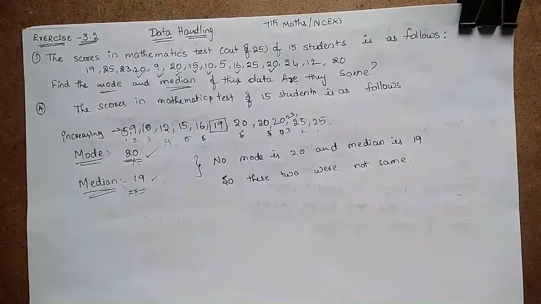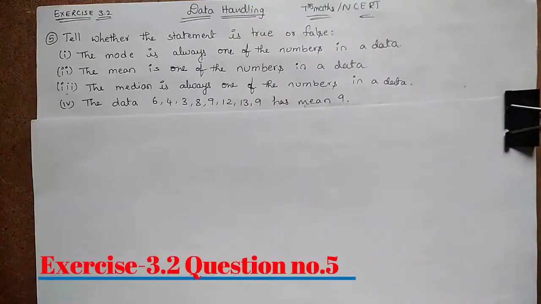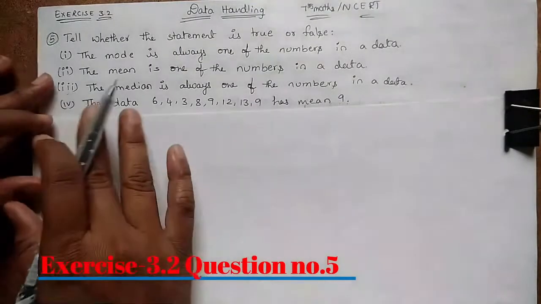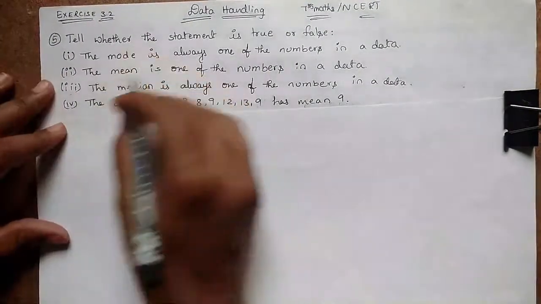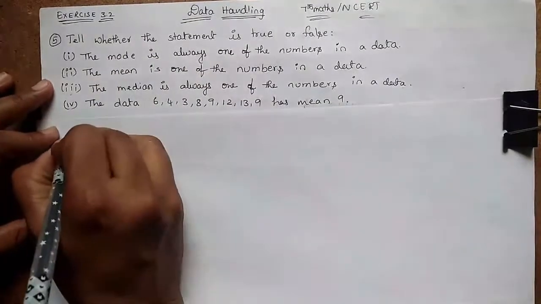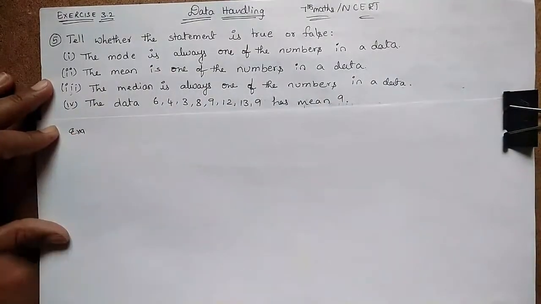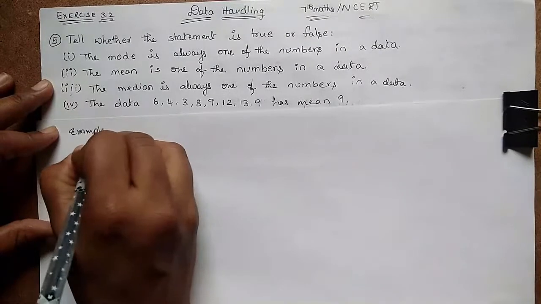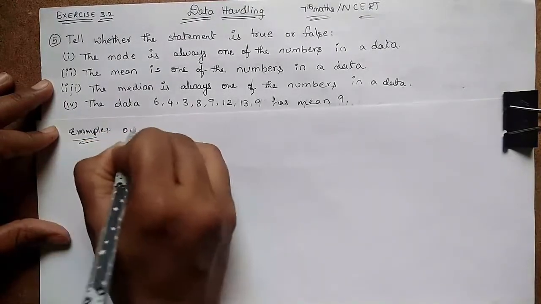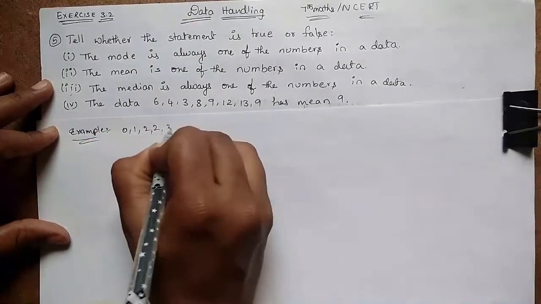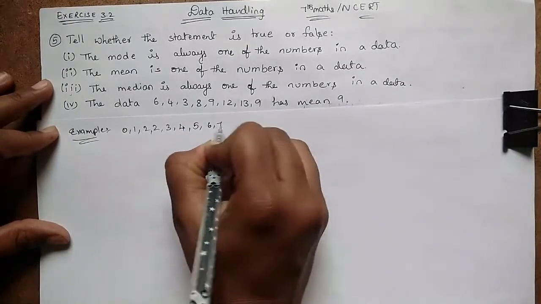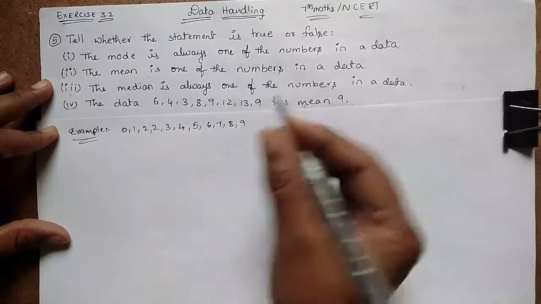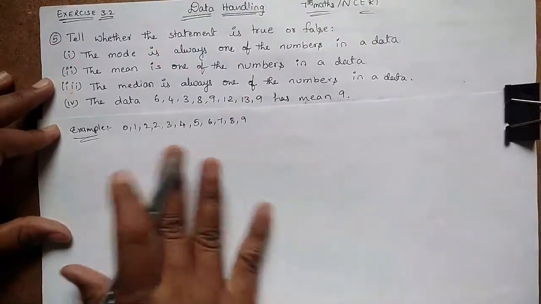Next, moving into the next question from this exercise. First of all, let's take some assumed data for mode, mean, and median. So I am taking an example for the given question. Let's take 0, 1, 2, 2, 3 and 4, 5, 6, 7, 8, 9. So this was the assumed data by us.